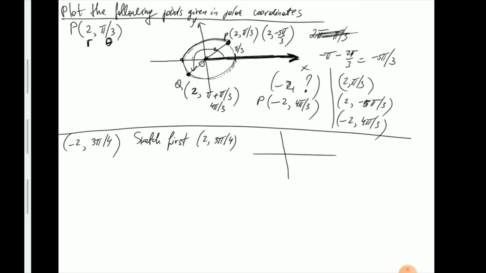So 3 pi over 4, let's see, this is the positive semi-axis. 3 pi over 4 is in the second quadrant, right? Because it goes all the way up to pi over 2 and then all the way up to here. So this point over here will be (2, 3 pi over 4), and (minus 2, 3 pi over 4) will be exactly the symmetric to this one, symmetric with respect to the origin.